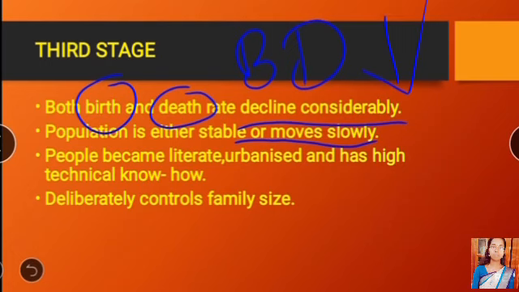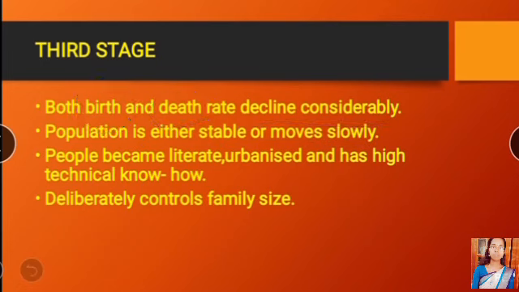Due to that, population is either stable or it moves slowly. People become literate, urbanized, and have high technical know-how, and they deliberately control family size.